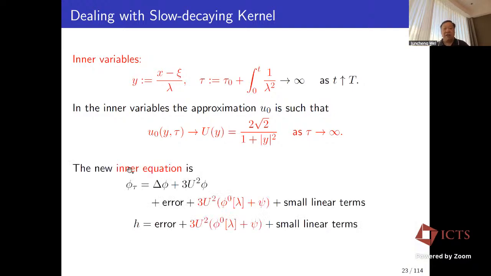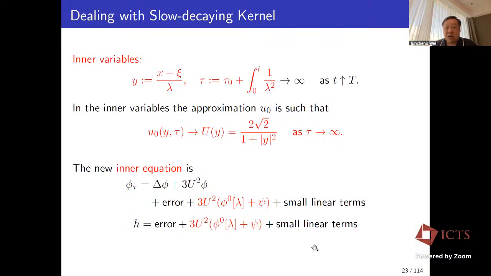And so the inner equation is like phi tau equals Laplace phi plus 3u squared phi plus the error term. We have this global correction term, and we have this coupling term. There are also other nonlinear terms.